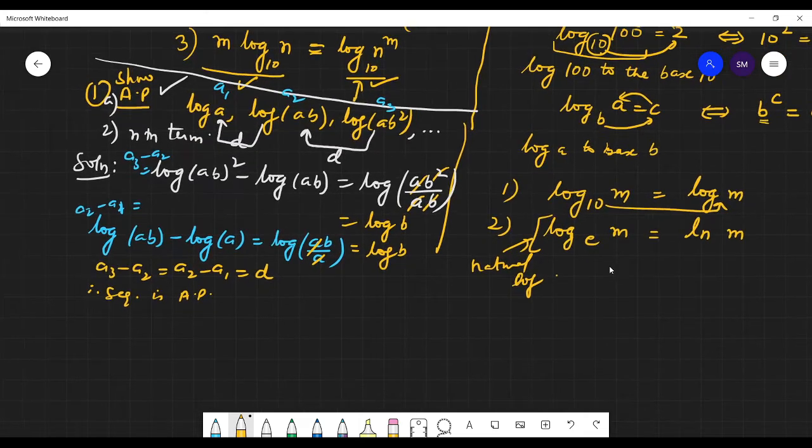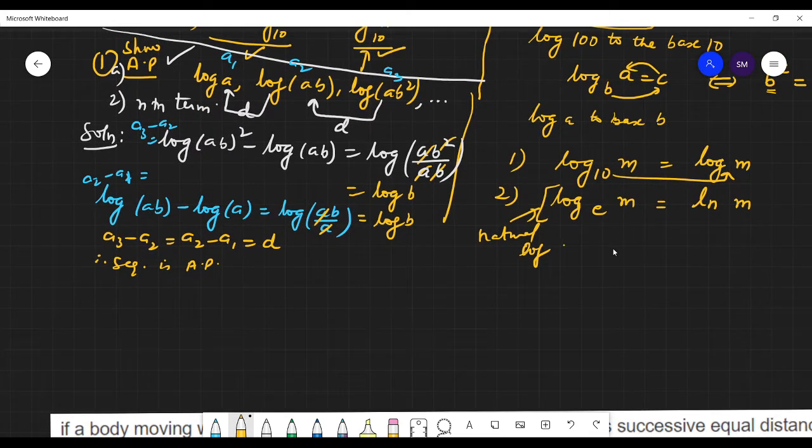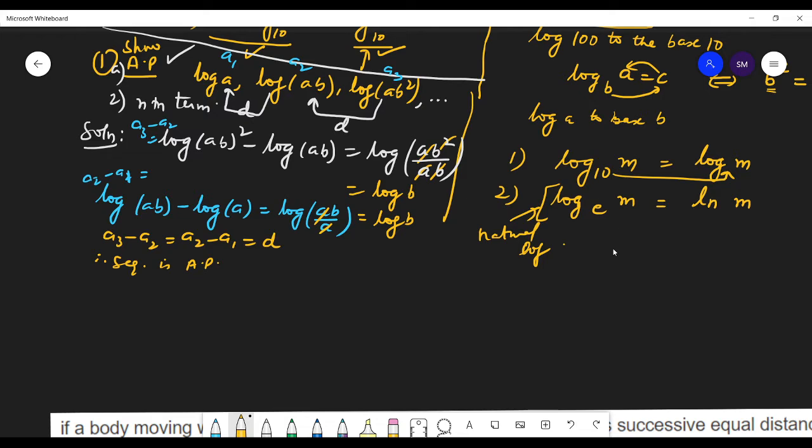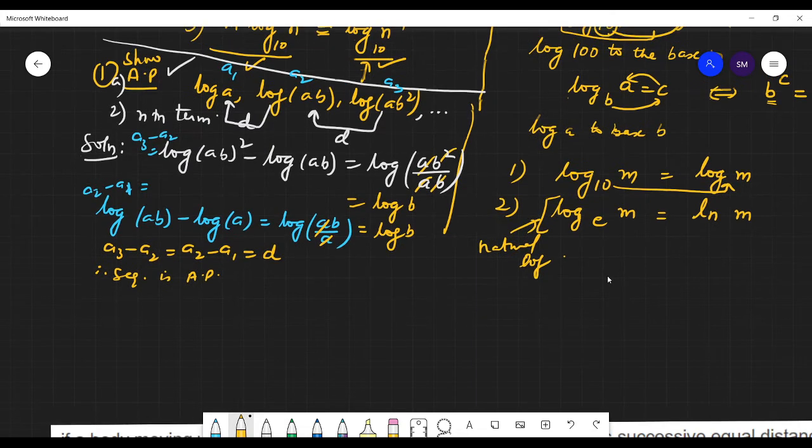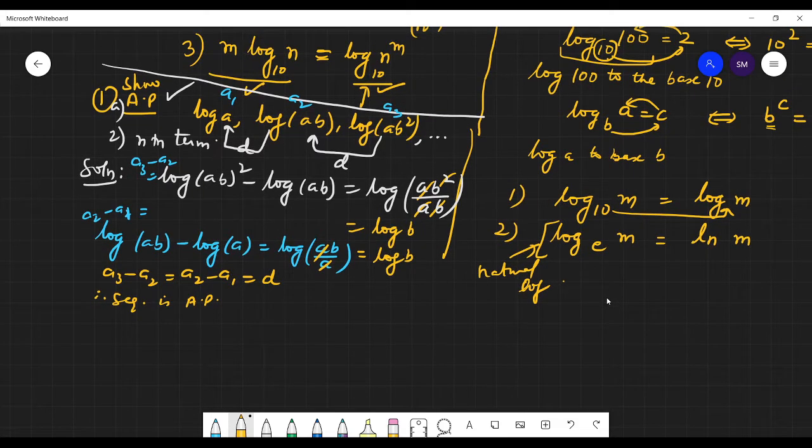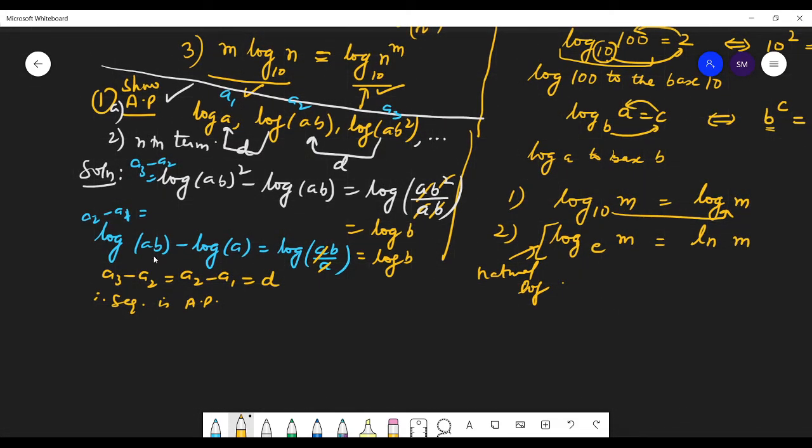Now you have to find the nth term. What is the nth term, students? An is equal to A plus n minus 1 into D. So what is A here?